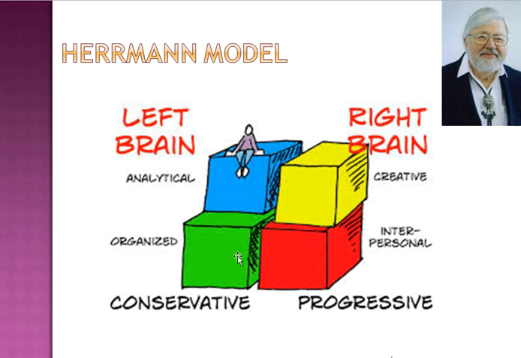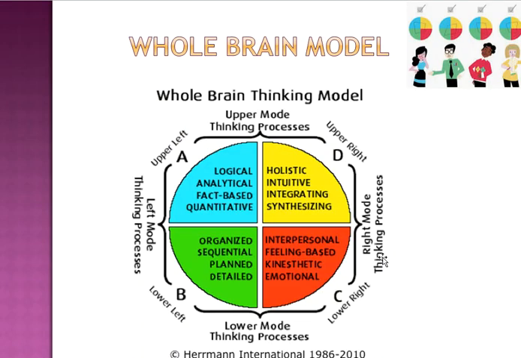The lower left is the part which is about organized thinking, and the lower right is about the interpersonal part of the brain. Let's see more details about that. The 4 parts with their colors are like this. As you see here, we have the upper mode and the lower mode. We have the right half and the left half.